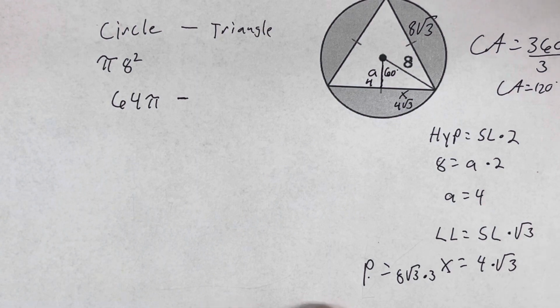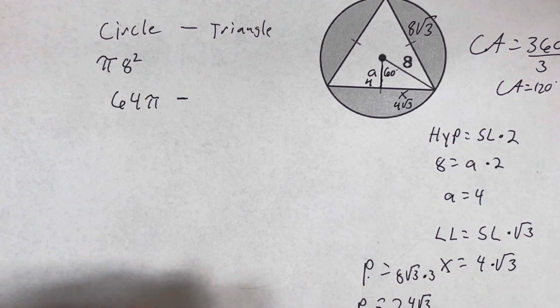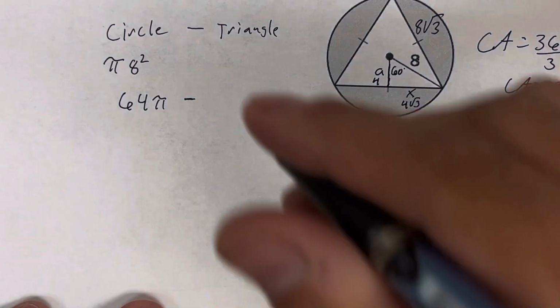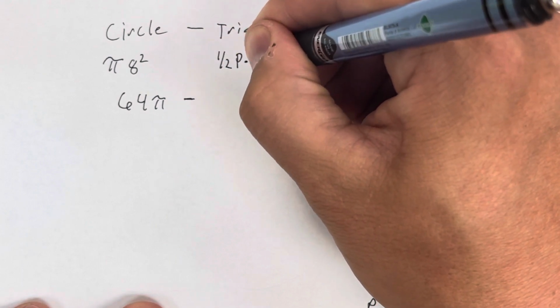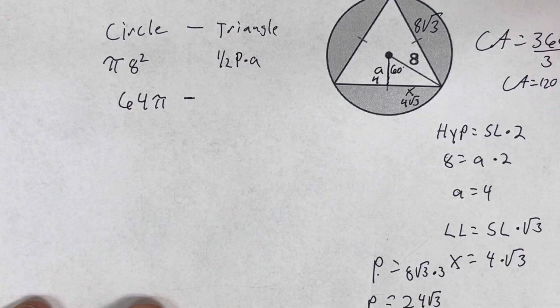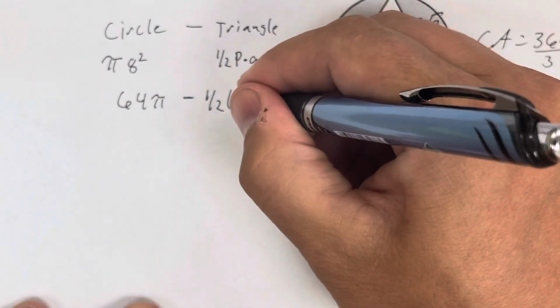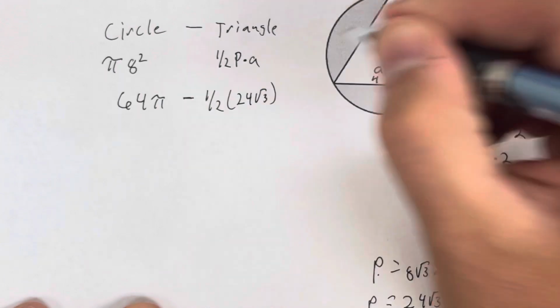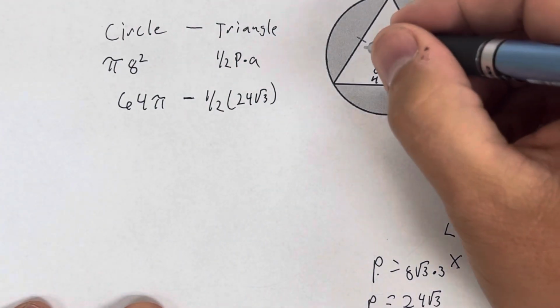That would be 8 times 3, so 24 times the square root of 3 is the perimeter. So plugging it in for our area of the triangle, that'd be 1/2 times the perimeter times the apothem. Plug it in. So 1/2 times the perimeter, 24 square root of 3 times the apothem. Apothem A was 4.